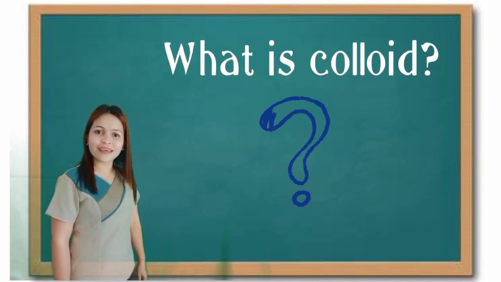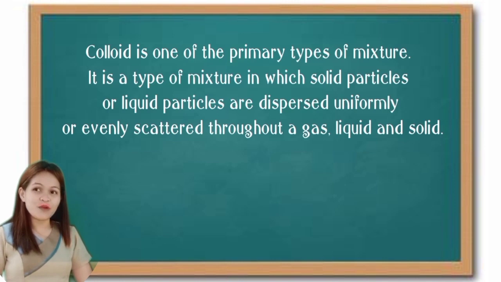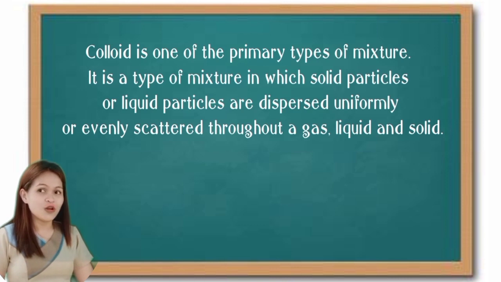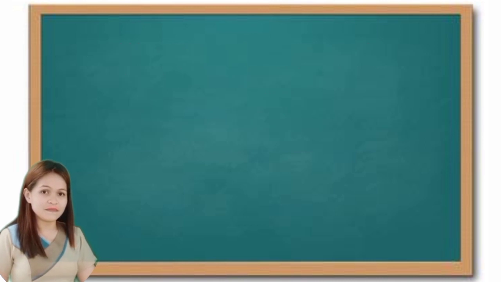So, what is colloid? Colloid is the second type of mixture. It is a type of mixture in which solid particles or liquid particles are dispersed uniformly, or evenly scattered, throughout a gas, a liquid, or a solid.